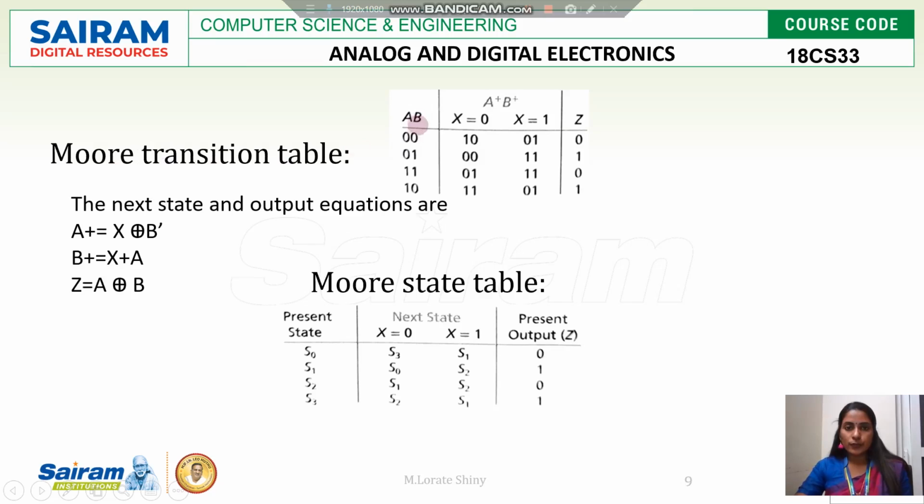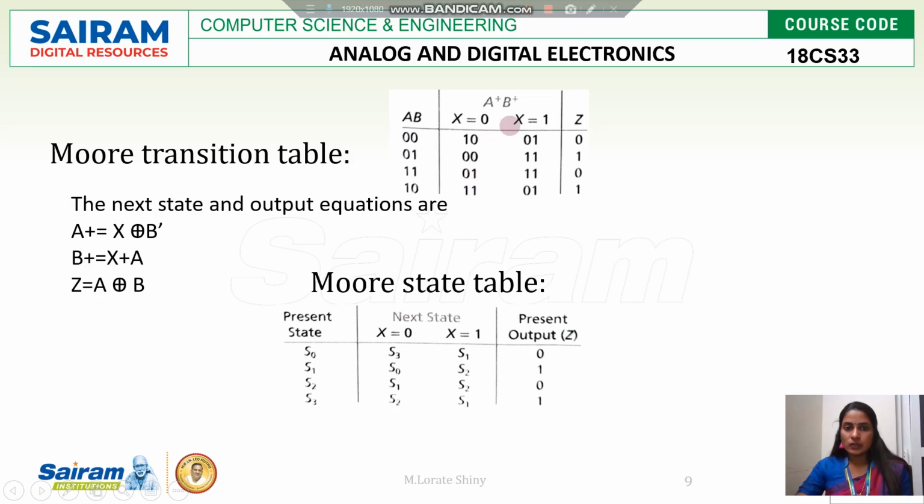So there are two inputs, so 4 input conditions: 0 0, 0 1, 1 1 and 1 0. Okay. If x is equal to 0, what is my next state? If x is equal to 1, what is my next state? That I am going to find. So for that, in these two equations, I will substitute a is equal to 0, b is equal to 0 and x is equal to 0. So I will get all these.